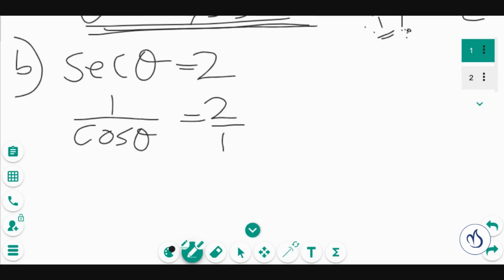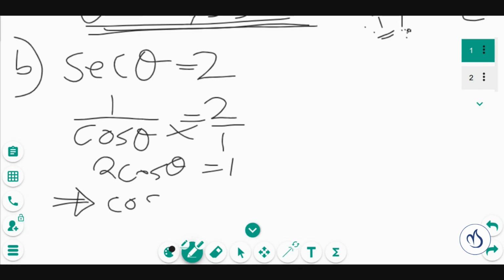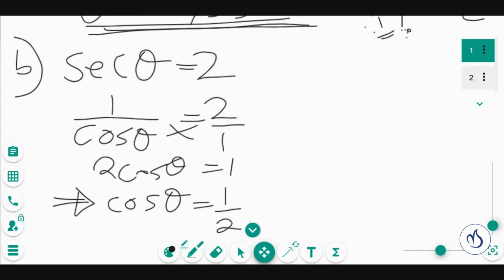So when I cross multiply, I get 2 times cos theta is equal to 1, and that implies when I divide by 2 on both sides, cos of theta is 1 out of 2. Okay, cos of theta is 1 out of 2.